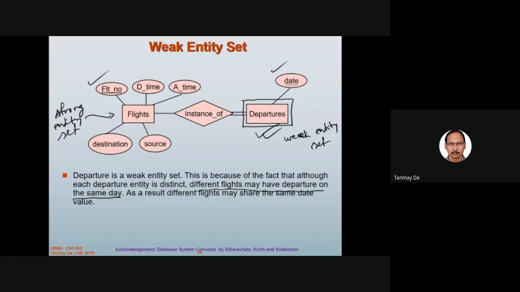So what is the primary key of the departure entity? Sir, date and flight number. Flight number. Okay, good. That is the primary key of the departure.